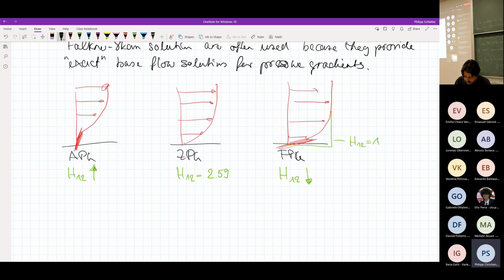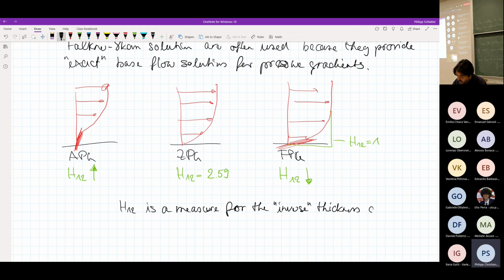Maybe I should write that down quickly. So H12 is a measure for the, let's say, inverse thickness, or maybe the thinness, if you wish, of a profile.